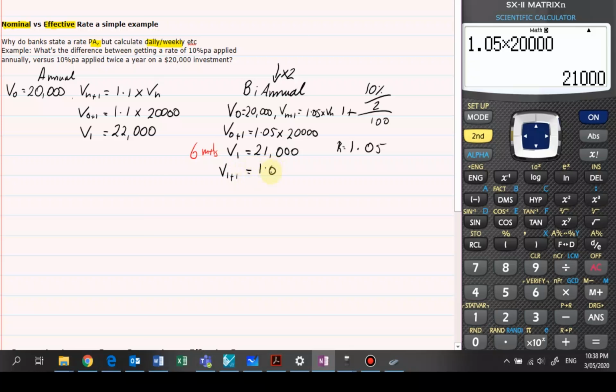So 1.05 times 20,000. Sorry, not 20,000. What am I saying? We know that compound interest is based on the previous balance, not the original balance. So we'll go 21,000. Okay, so we're calculating that extra 5% interest on 21,000.